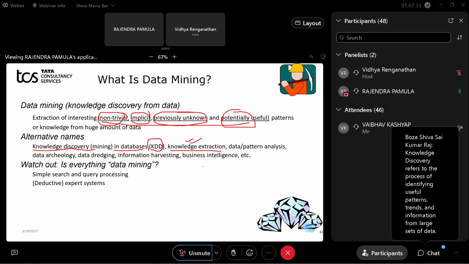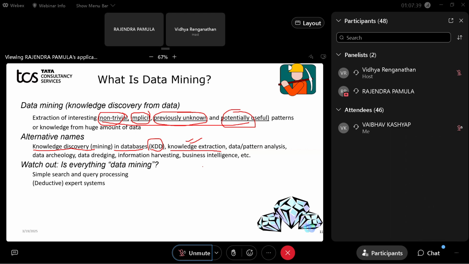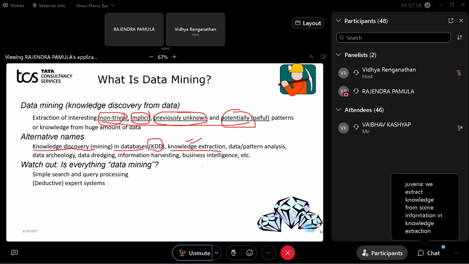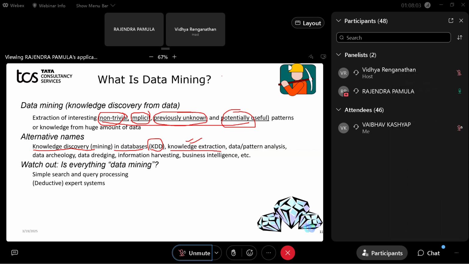So, what is knowledge discovery? Something has been written: knowledge discovery refers to the process of identifying useful patterns, trends, and information in large data sets.